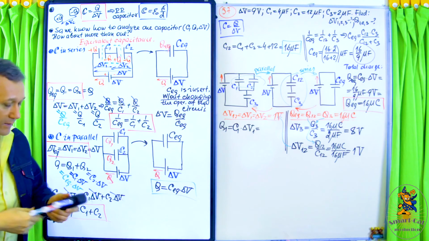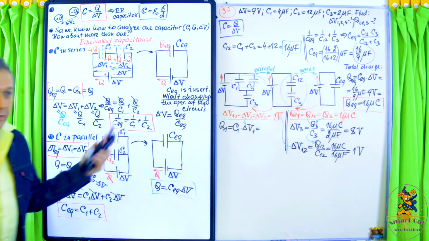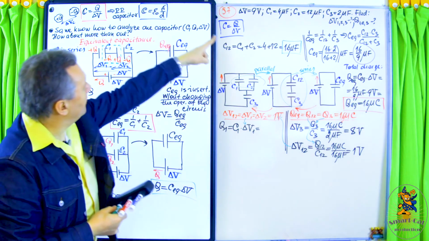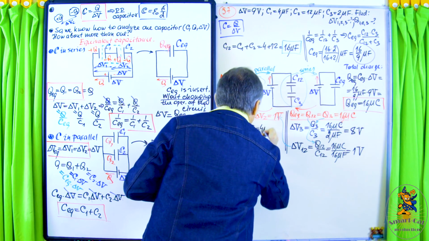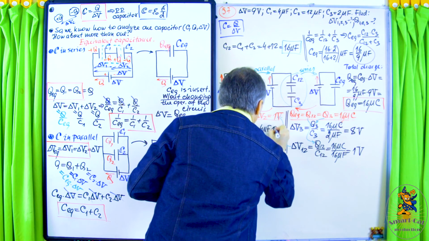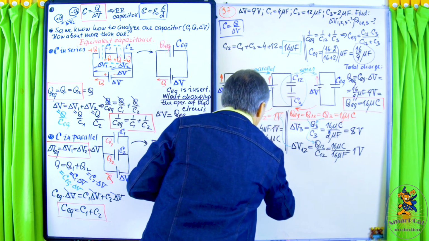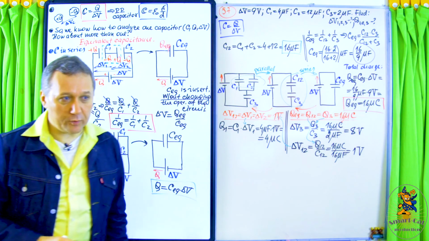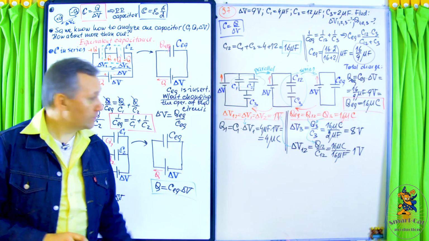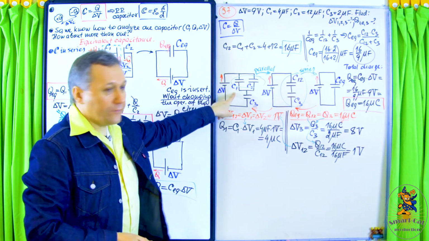And delta V1, as I said, comes from the bridge. And C1 is given from the very beginning. 4 microfarads times 1 volt equals 4 microcoulombs. So that's the amount of charge in the first capacitor.